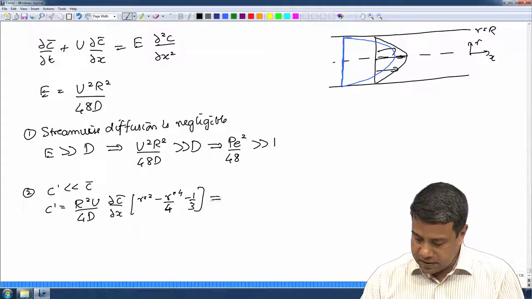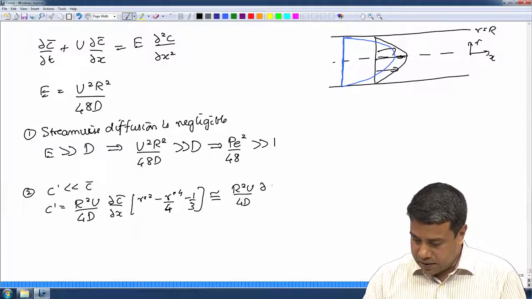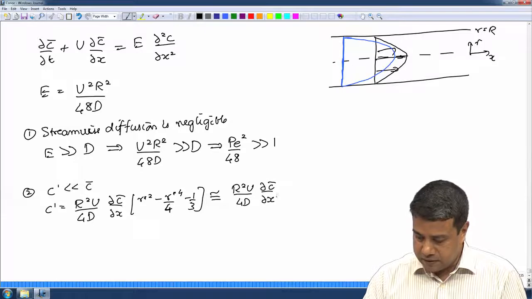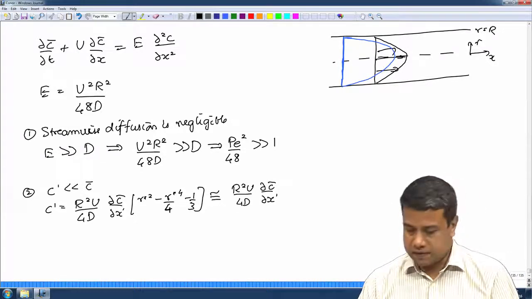So, this scales approximately as r square u by 4d partial C bar by partial x. That is C prime as a function of C bar.